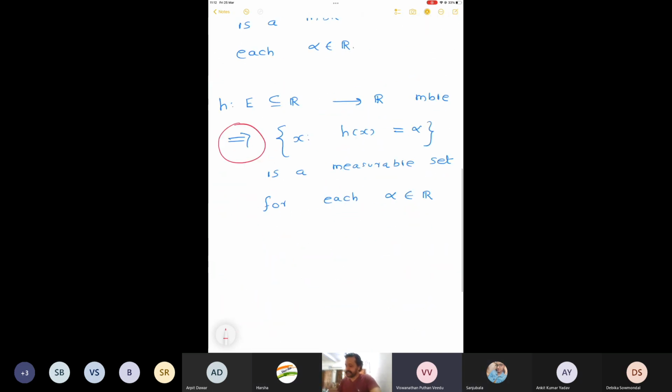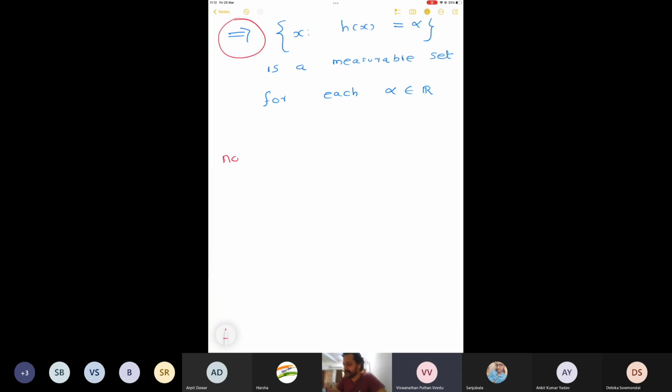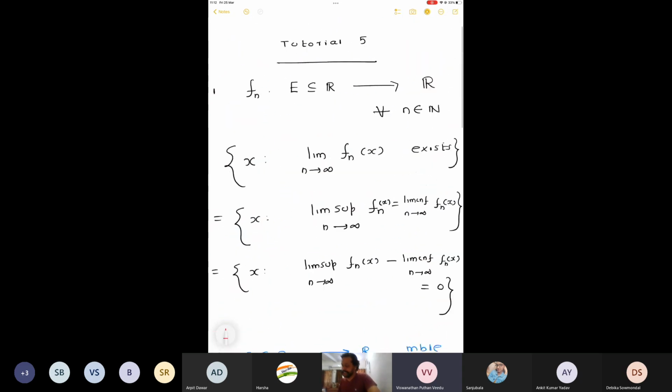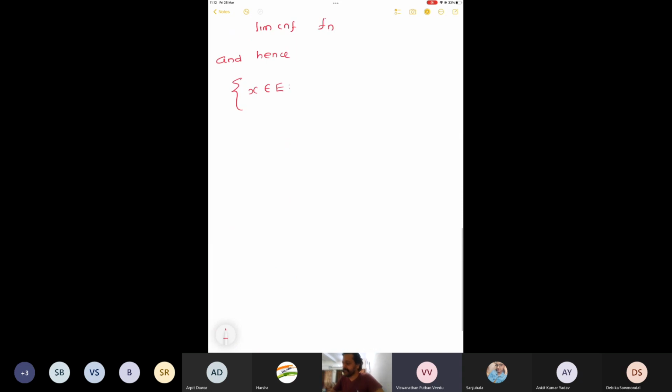So now if you want to complete, note that lim sup Fn and lim inf Fn are measurable, and hence the collection of all x in E such that lim sup Fn minus lim inf Fn is equal to 0, equal to some real number, is measurable.